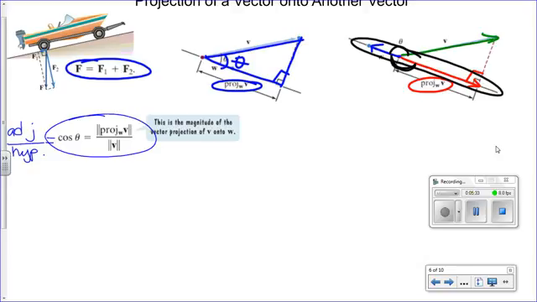Since we want the length of that vector, we're using magnitude. That's why you see the symbol there. That will replace the adjacent side.